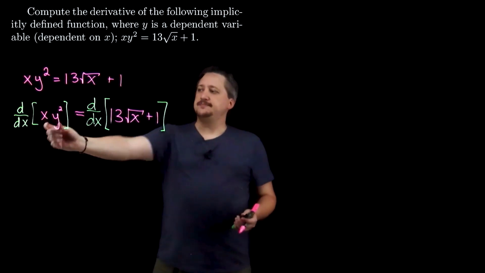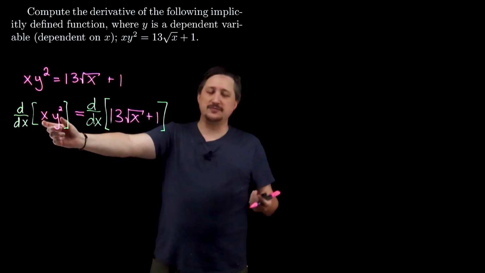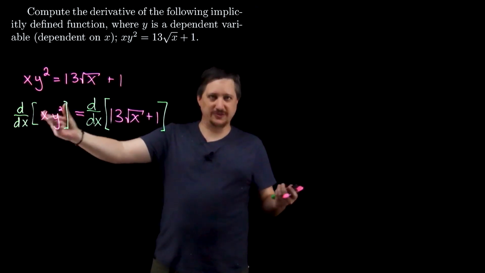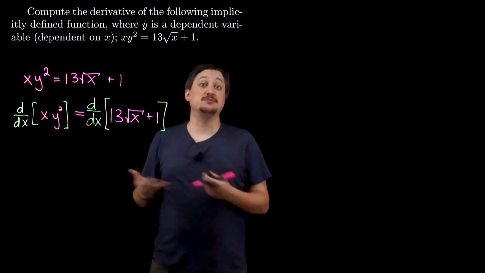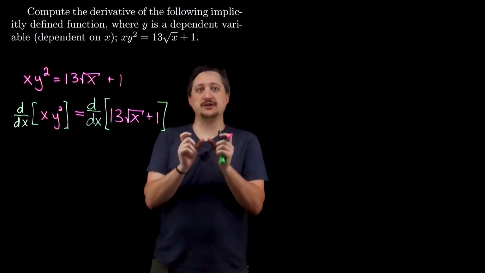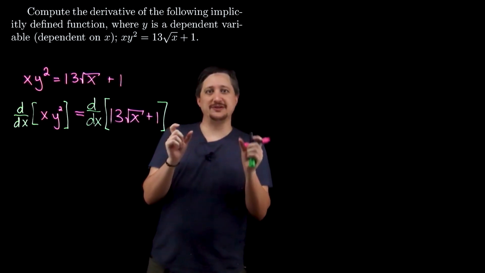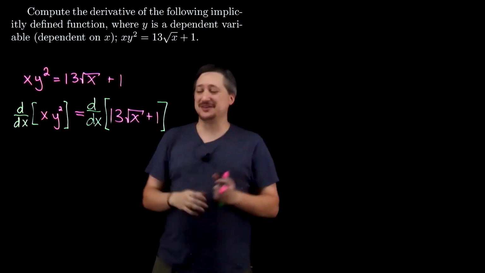So when I look at this, it would be like looking at something like x times e to the x, where it's some other function of x. In particular, that means I need to use a product rule, because I have two different things, so I need to do the product of the two functions in order to get the derivative.